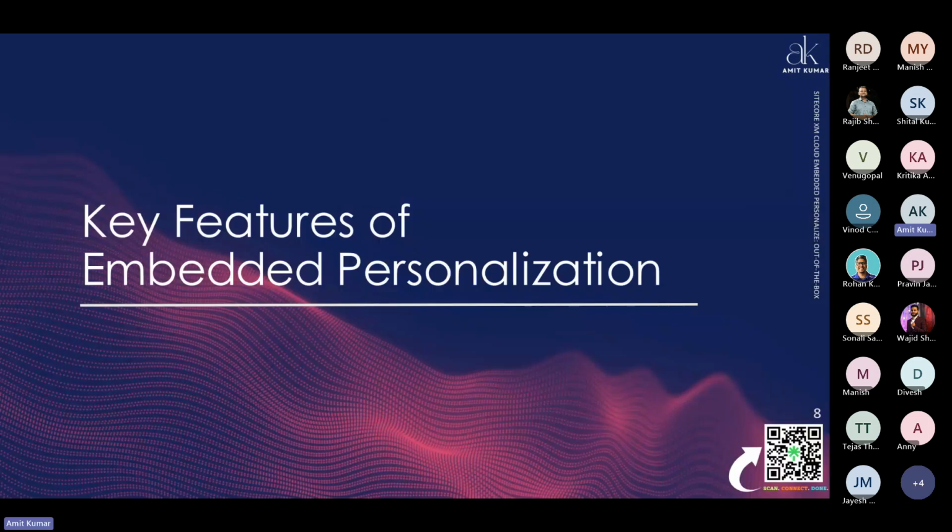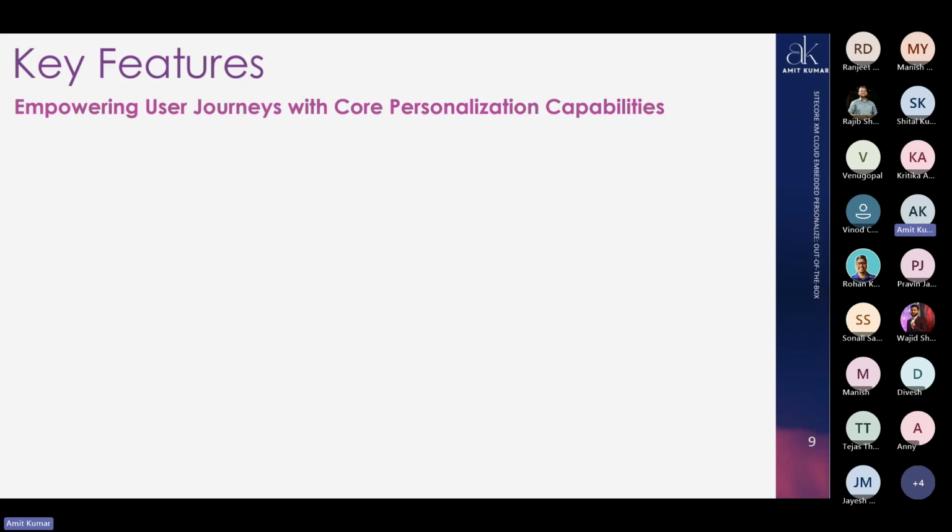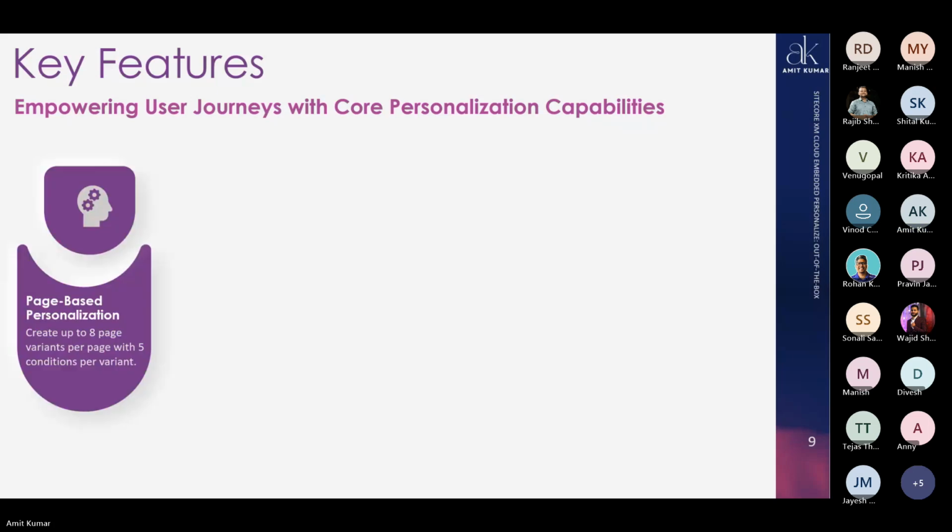So now I'm covering the key features of the embedded personalization. As I said, it's empowering your user journey and the user experience, and it is providing the core, base personalization capability, not the complex one which you are getting in the XP.